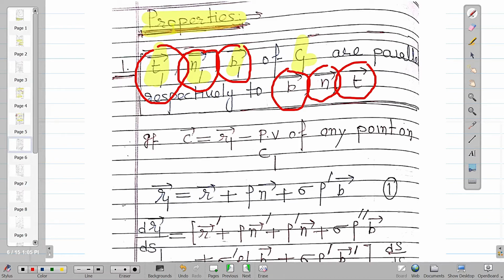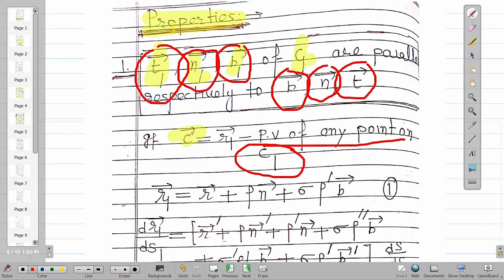It will be used in the next property and the questions. Now first, as we already did, what is the C? C is the position vector of any point on C1, where basically it is the center of the sphere.